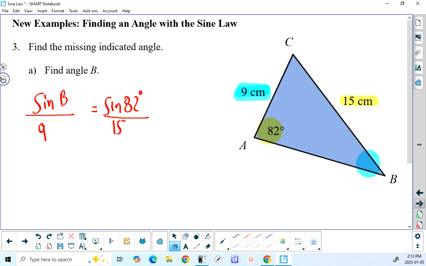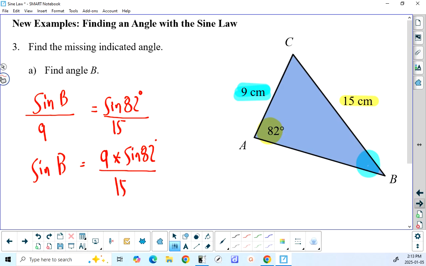And we're going to solve that now. So when you cross multiply here, because it's sine of B over 9, all we have to do is multiply the other side by 9. You're going to have 9 times sine 82, and then you divide by 15.